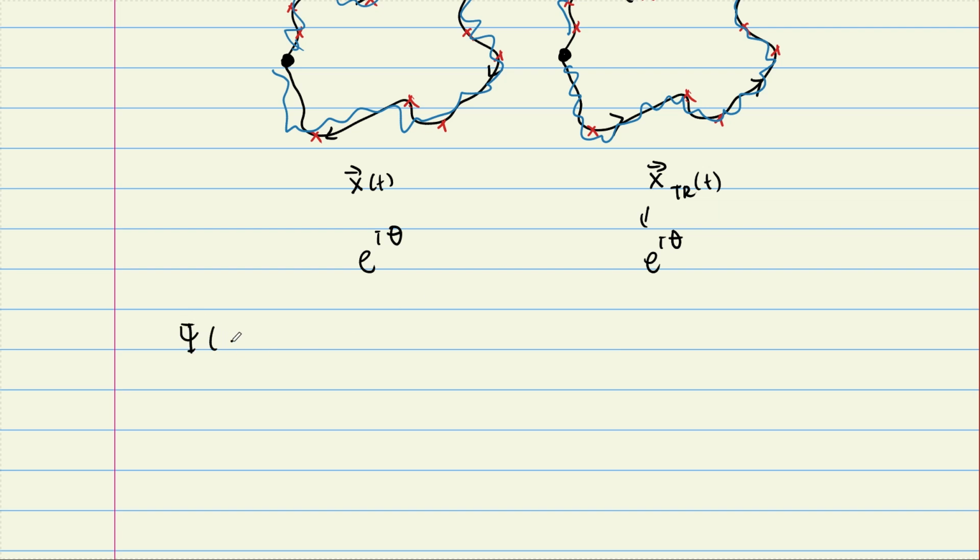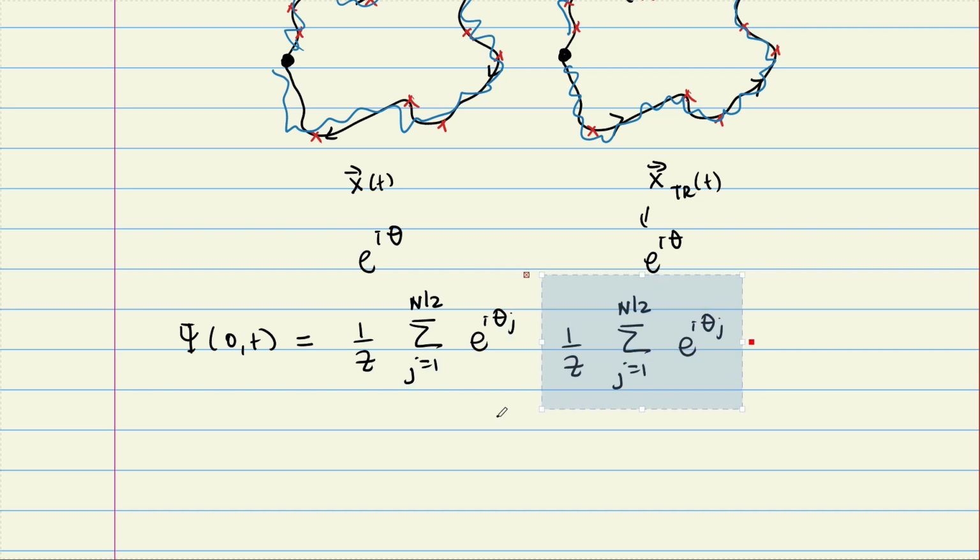Psi at 0 of t is equal to 1 over z, sum over j equal to 1. Half of the paths are written like e to the i theta_j. And the second half is exactly the same thing, because they are the time reversal partners. Okay?